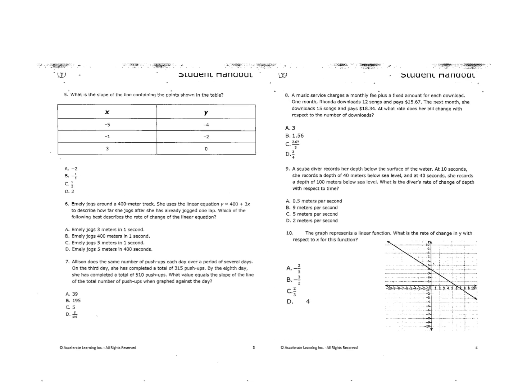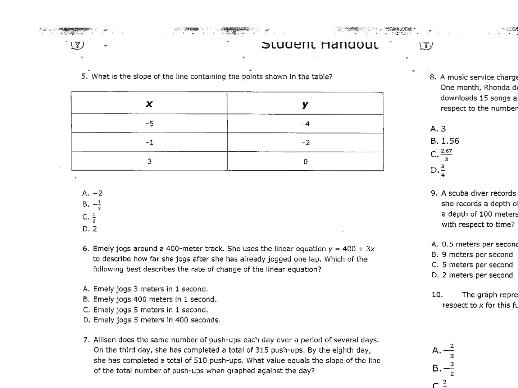Okay, looking at number 5, slope from a table again. So same strategy, I'm going to use my slope formula. I'm going to take 2 points and plug them in. So I'll just start with the top 2. Here is my x1, my y1, my x2, my y2, and now I'm going to plug them into my slope formula, which is y2 minus y1 over x2 minus x1.